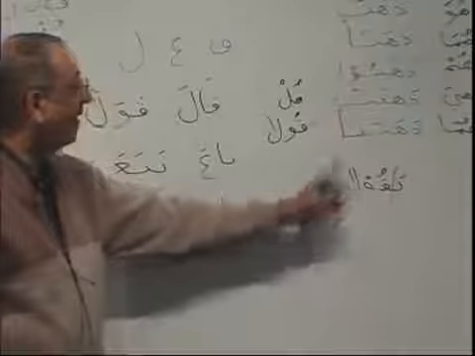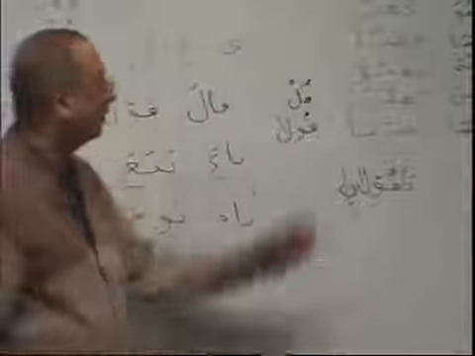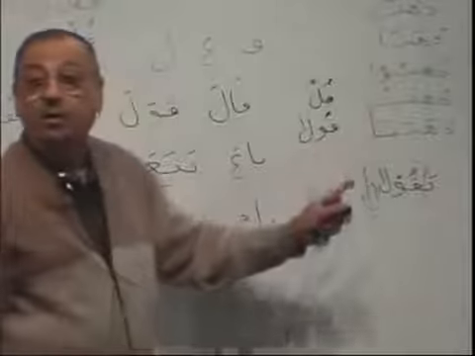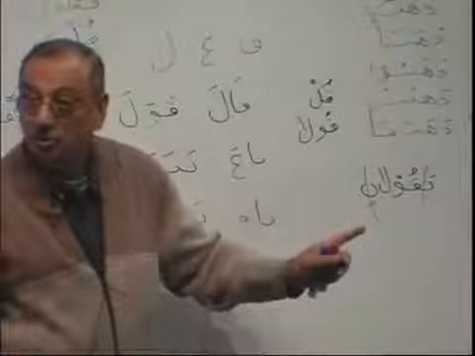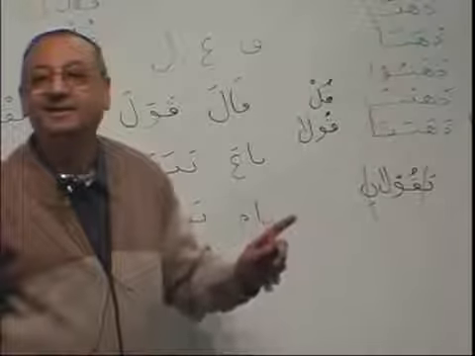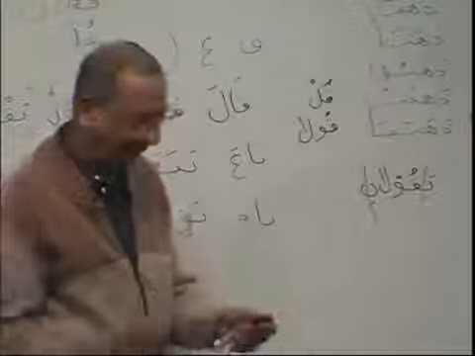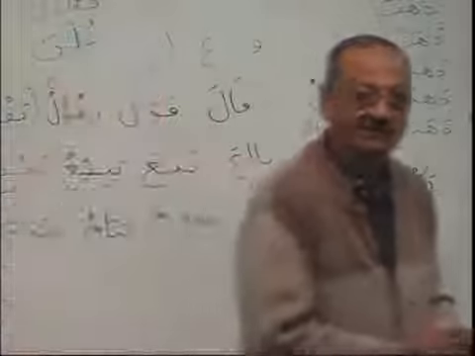See, with Waw. But do not say Kula without Waw. That will be wrong. So Kul, Kula, Kulu, Kuli, Kula, and then Kulna. It's very easy, brother. That's why I'm not writing in detail, brothers and sisters.